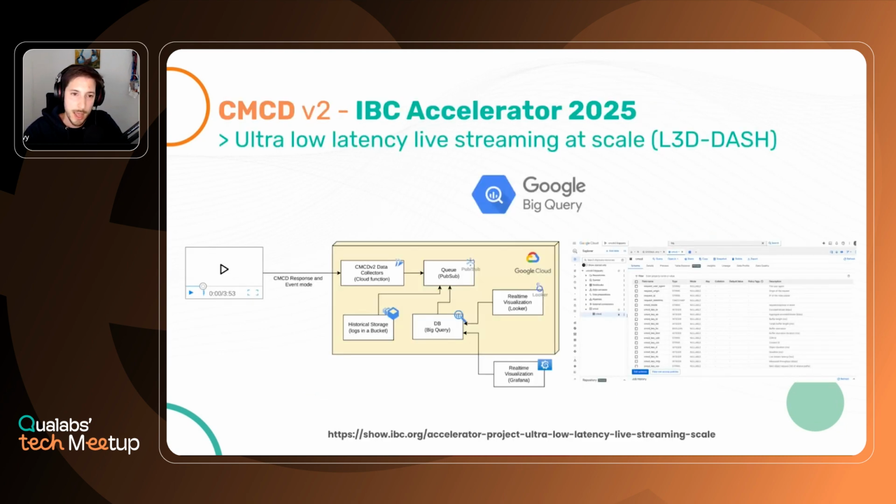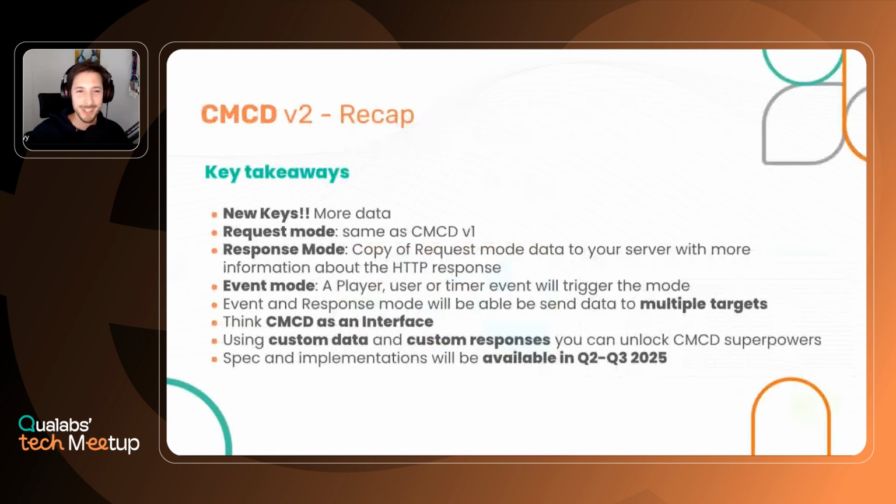And you will also see CMCD version 2 in the IBC Accelerator. We are working closely with Alex Giladi and people from Google on ultra-low latency live streaming at scale. The idea is that we are going to use CMCD version 2 to track all the information about the latency, because we want low latency, of course.